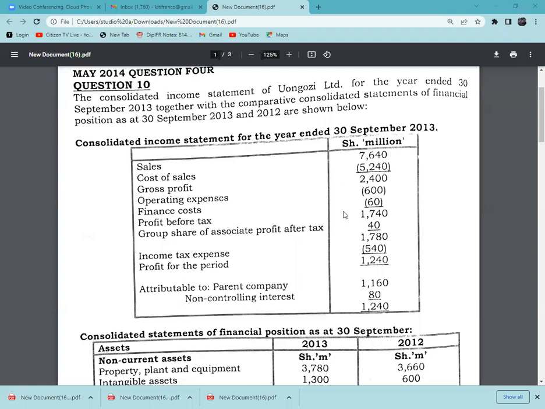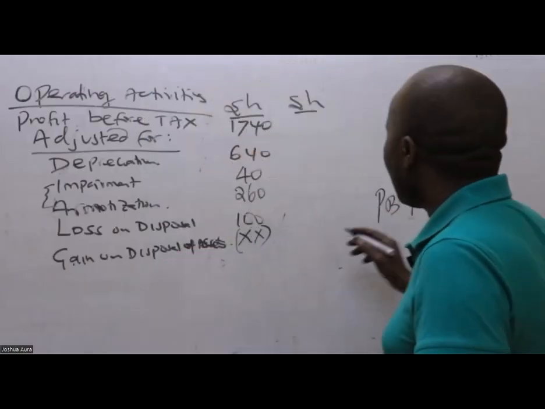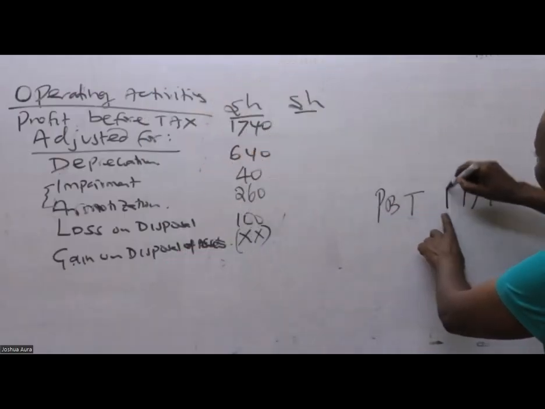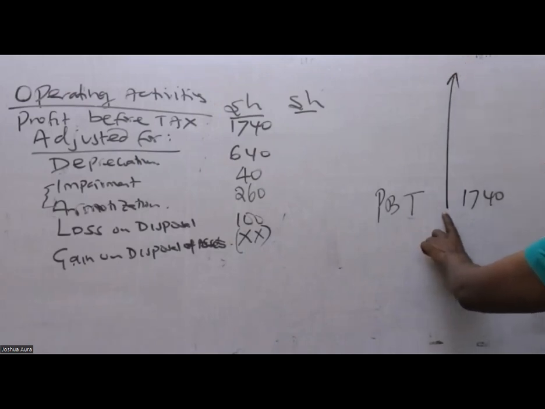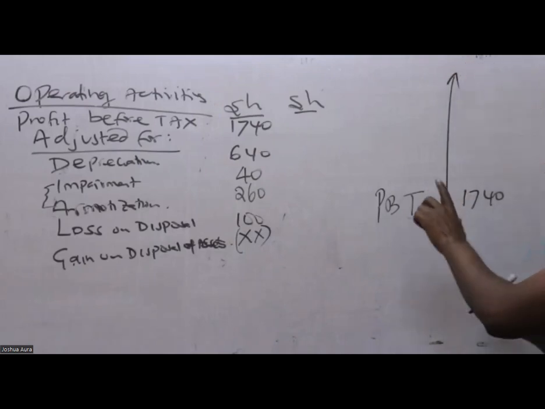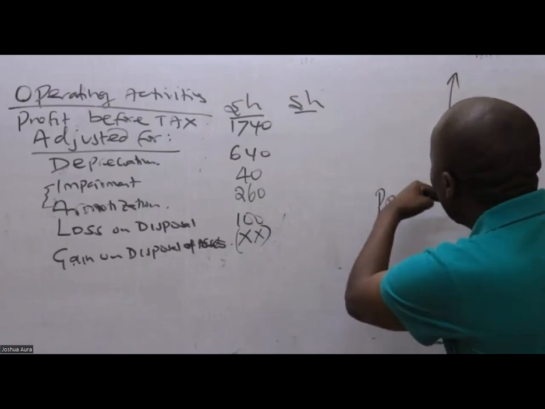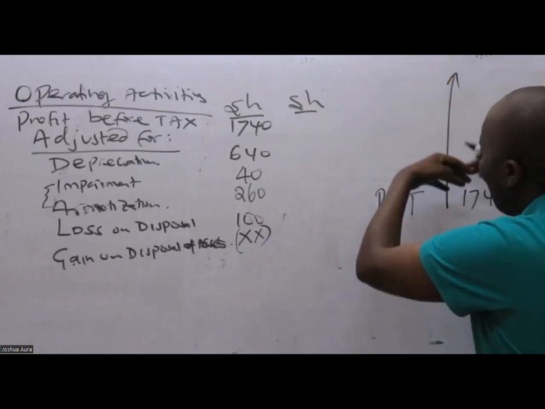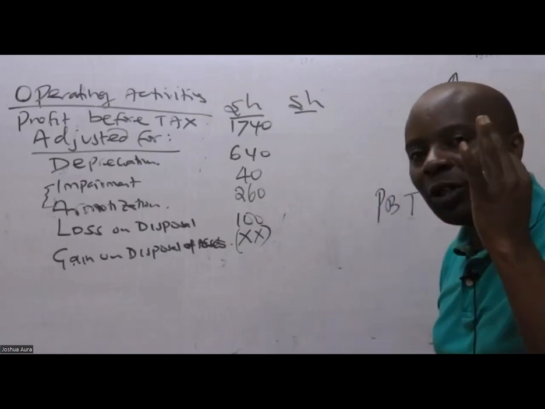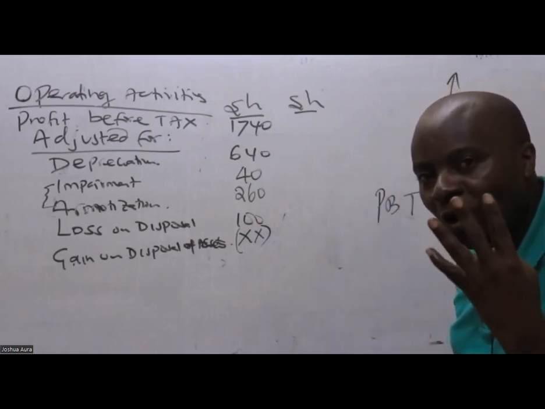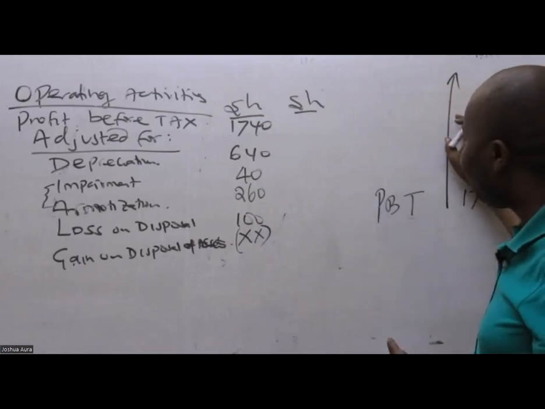And then now you are being told here to look northwards. So in this case here, this profit before tax, now look upwards like that. Identify the non-operating activities which fall upwards there. Remember, we have 3 or rather 4 operating activities here.